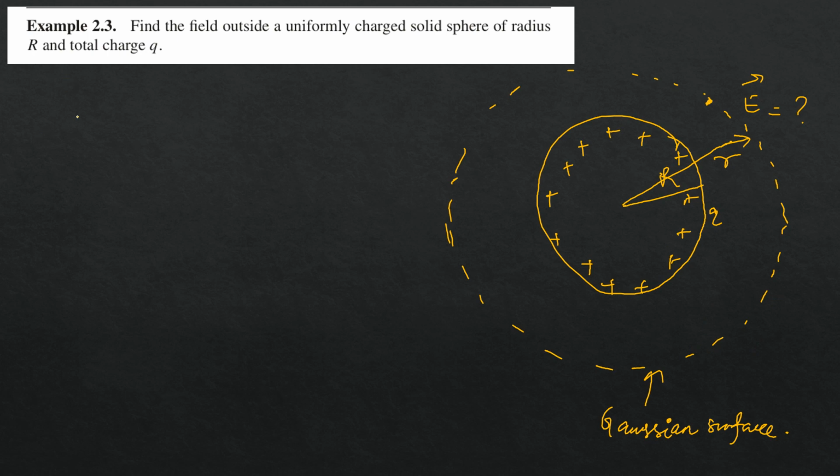We know Gauss law: the integral of E dot ds is equal to Q enclosed by epsilon naught.